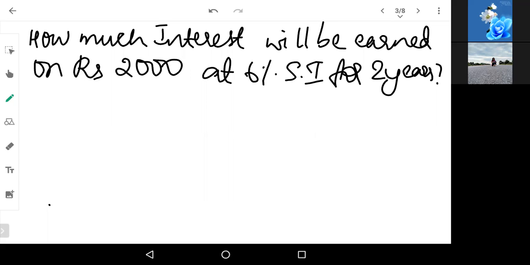So we are supposed to calculate the interest here. Again, simple interest. We have to define what is PTR, and then we have to calculate the interest amount.